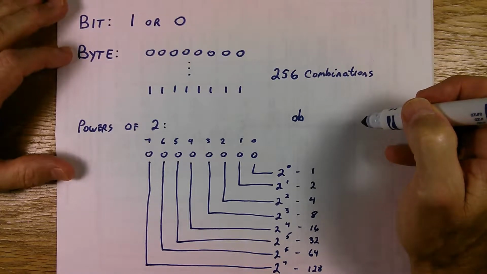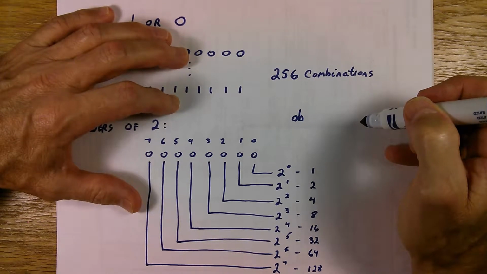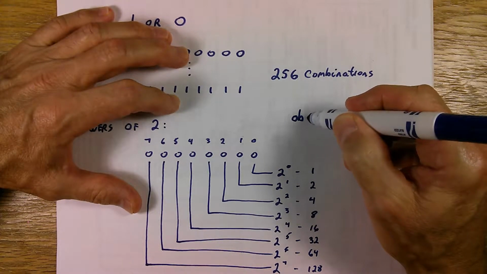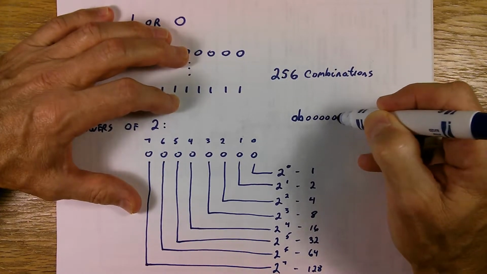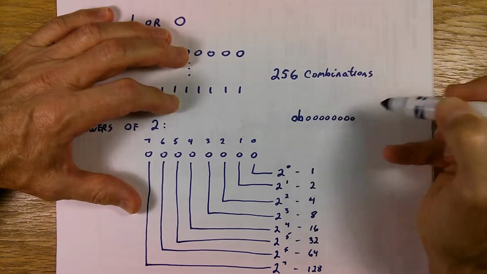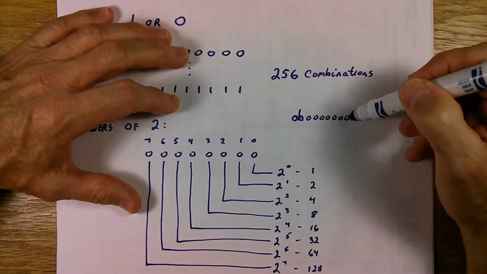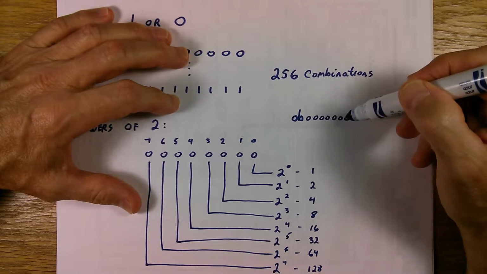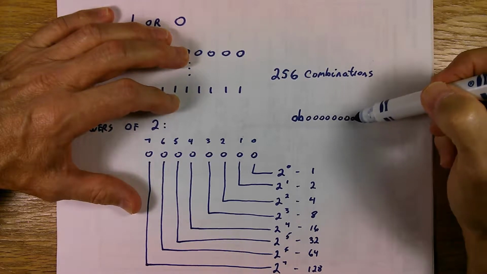If I'm setting up a register in the microcontroller, most registers are 8 bits long, I would just write down the 8 digits, or the 8 bits, 1s and 0s here, depending on what bit I want set or cleared in that register. And I always write down all 8 of them.